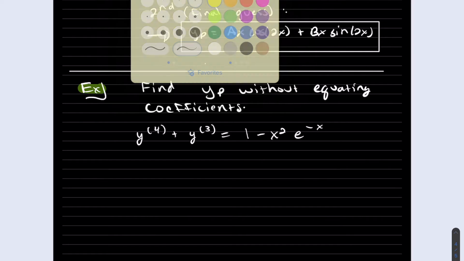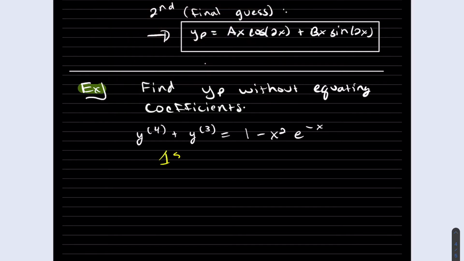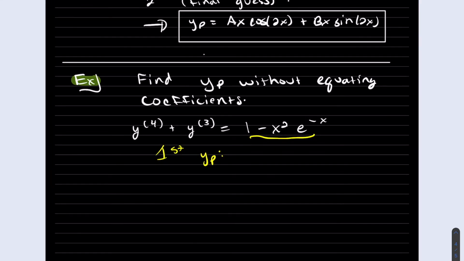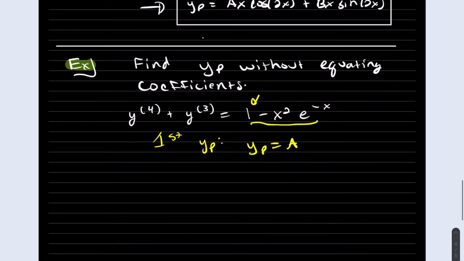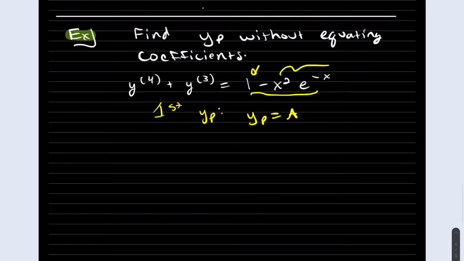So let's first start off with finding our first guess of YP. Just looking here without solving our homogeneous. So our first guess has an A there. It's a constant, so we will use YP equals A. Now our second one, we have to use the superposition because it's plus or minus that. So it's plus, but be careful.